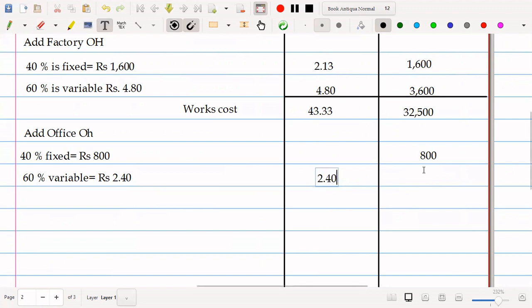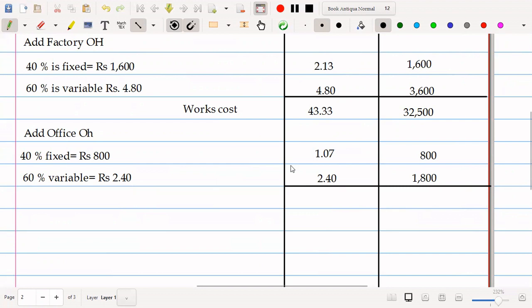Now you multiply this with 750, it comes to 1,800, and when you divide this 800 with 750, it comes to 1.07. So this is how you calculate the costs under estimated cost sheet.